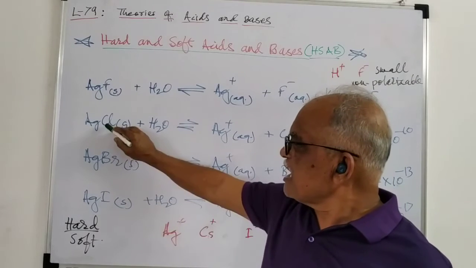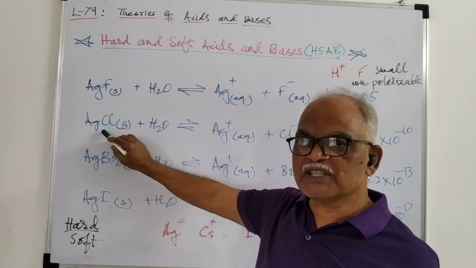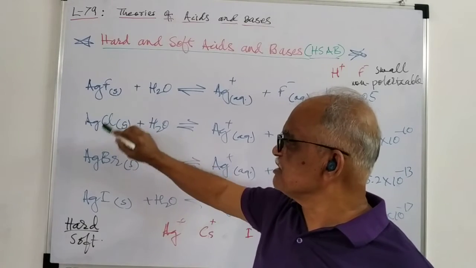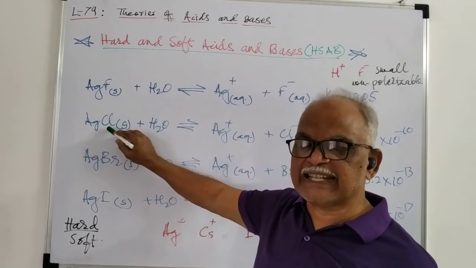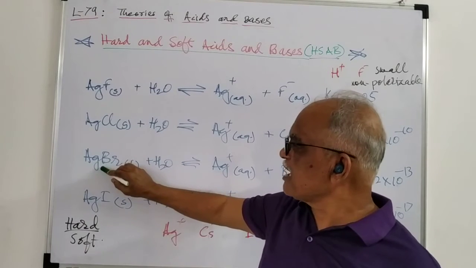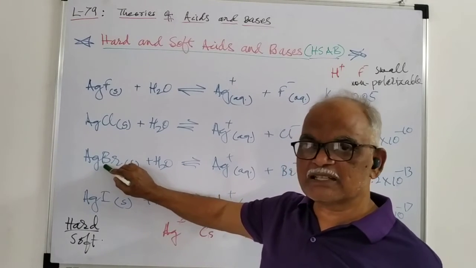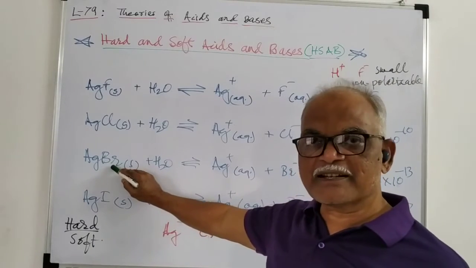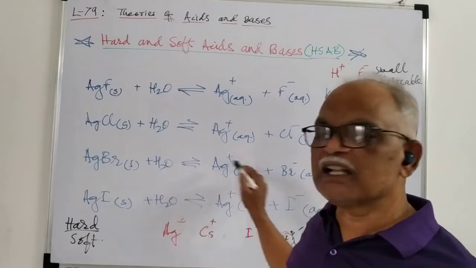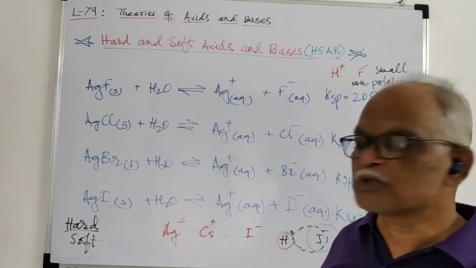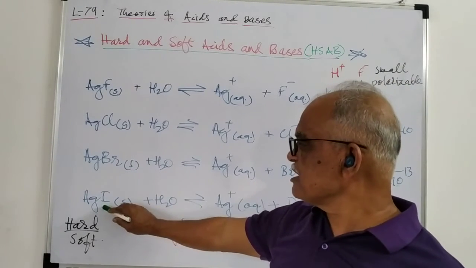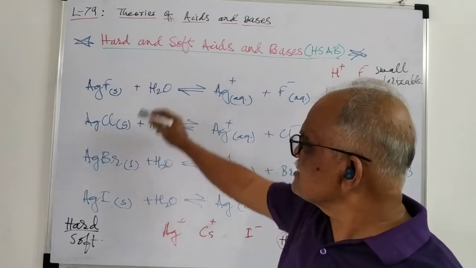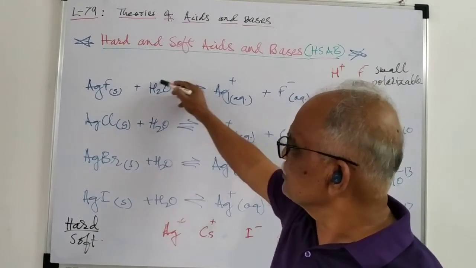But as we move from AgF to AgCl, the ionic character is less compared to AgF, so its solubility decreases. Again, if we consider AgBr, the ionic character is decreasing and the covalent character is increasing, and therefore it is again more insoluble in water. AgI is even more insoluble in water, and this is because of the nature of the solvent also.